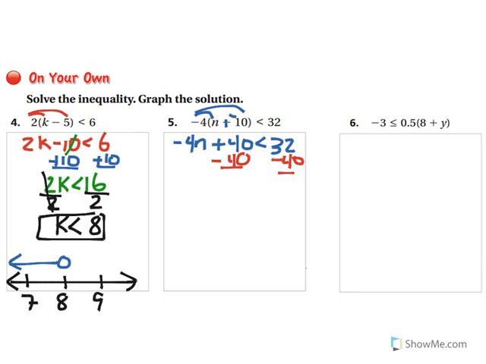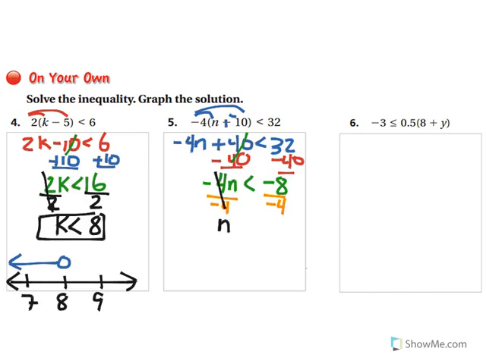All right, so I'm going to subtract, and by doing that, these cancel out, and I get negative 4n. And 32 minus negative 40 is negative 8. And it's less than. I'm going to divide by negative 4. And the negative 4's cancel out, giving me an n.